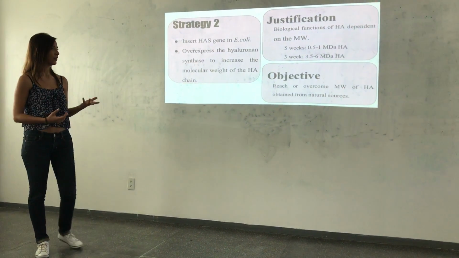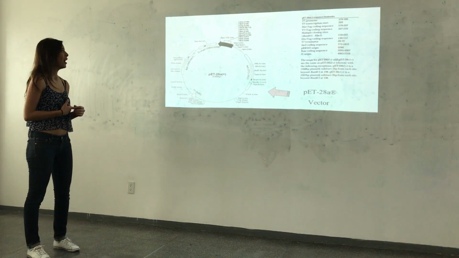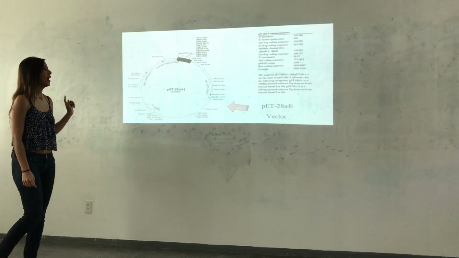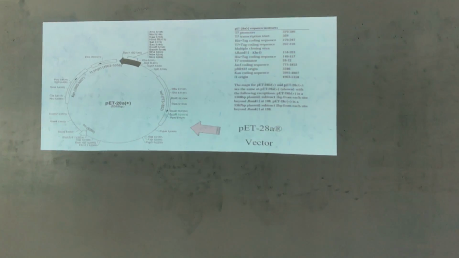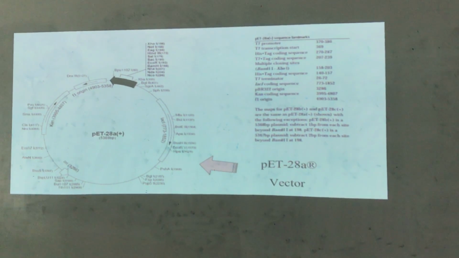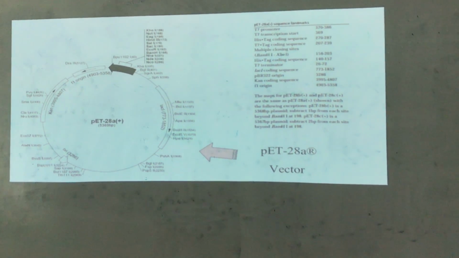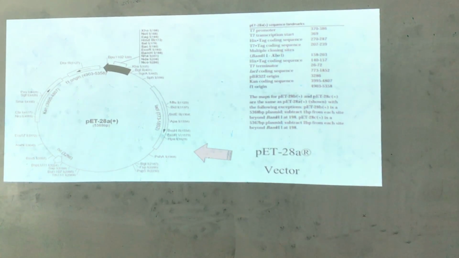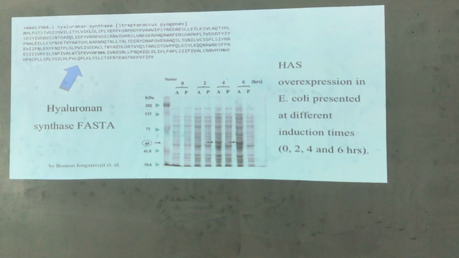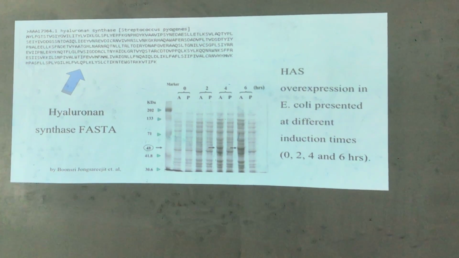Well, to do this, we will use this vector, pET28. And as you know, in genetic engineering, it has a T7 promoter. It's good because it produces a lot of what we want. That is the sequence of the enzyme, the hyaluronic synthase.